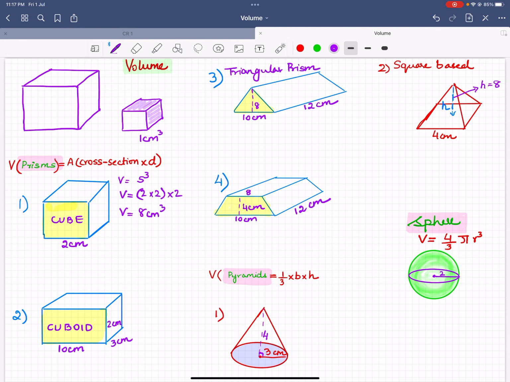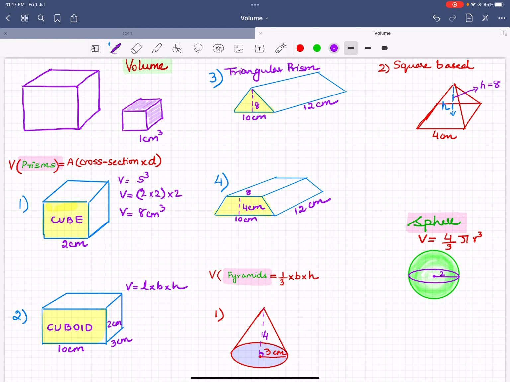Second question is a cuboid. The special formula for volume of a cuboid is length into breadth into height. We can find it by multiplying the length and the breadth and the height, or otherwise we can find the area of cross section, which is the rectangle in front, this one, and then multiply the answer by depth.